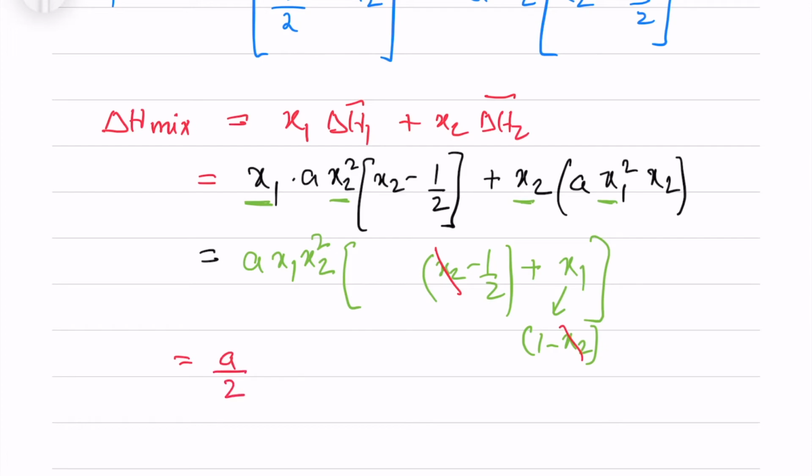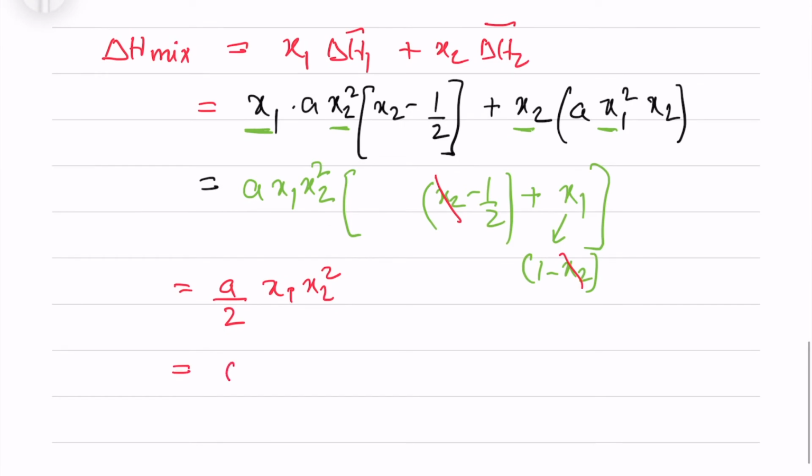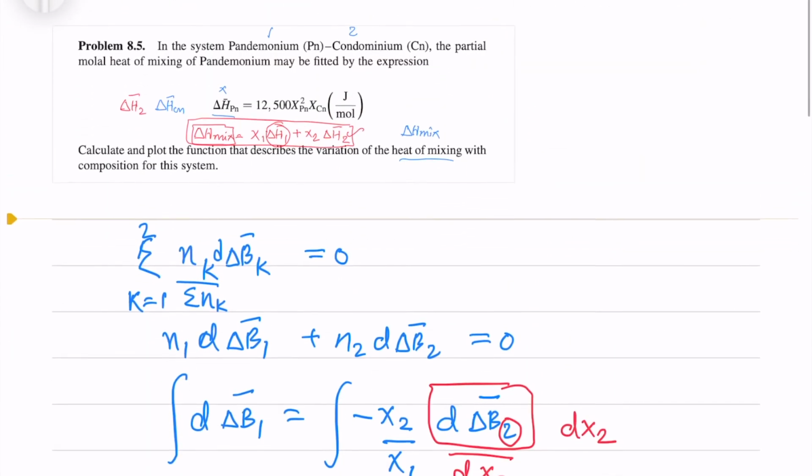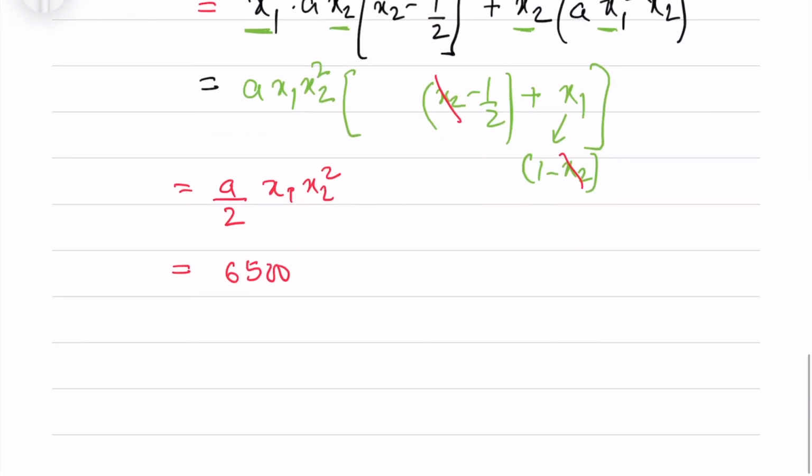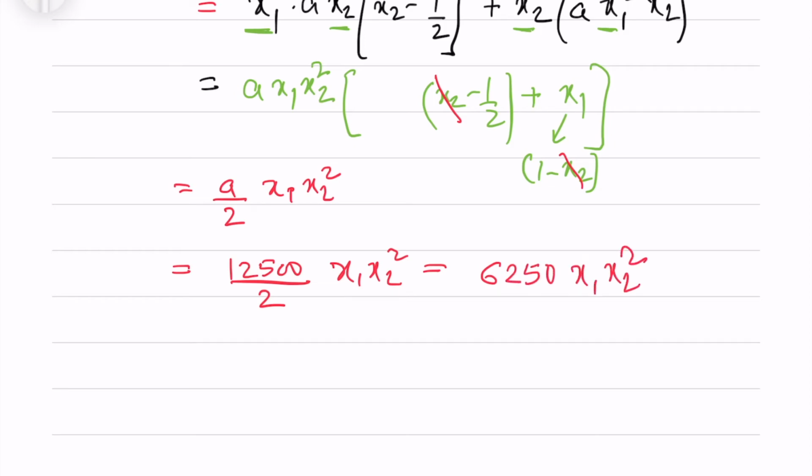So you have A by 2 x1 x2 squared, which is nothing but 6250 x1 x2 squared. So this is the delta H mix.